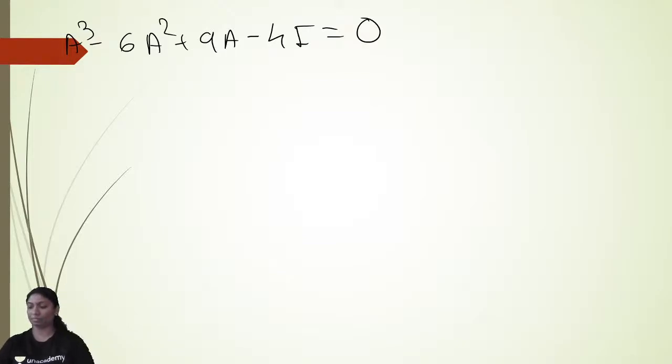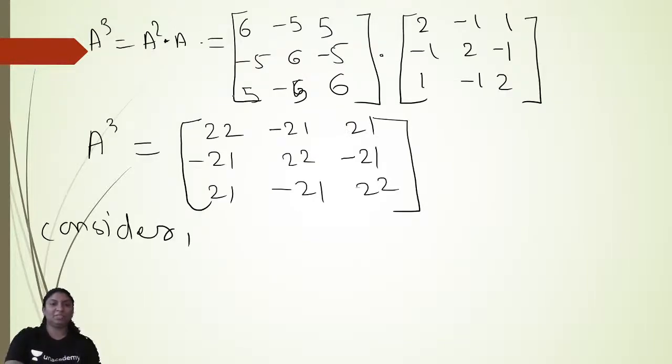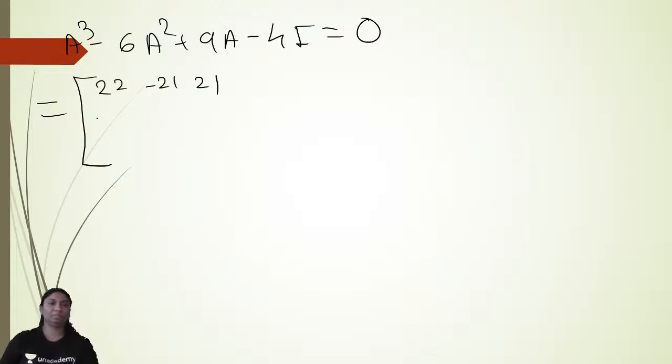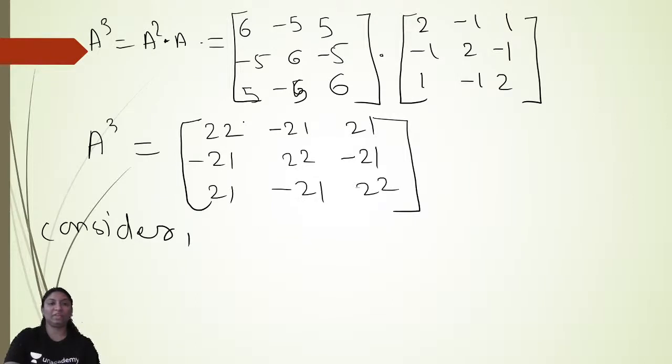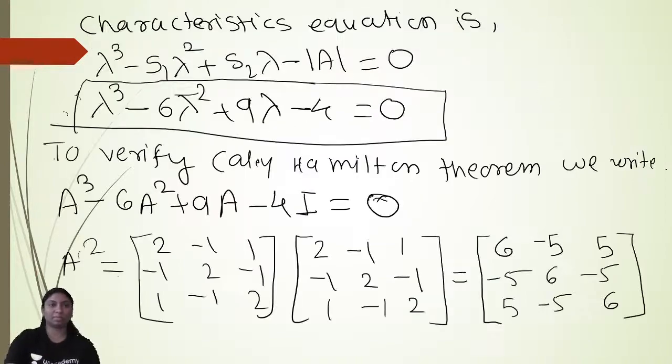So you will get here A cube. So value of A cube is given 22 minus 21 21, minus 21 22 minus 21, 21 minus 21 22. Minus 6 into A square.